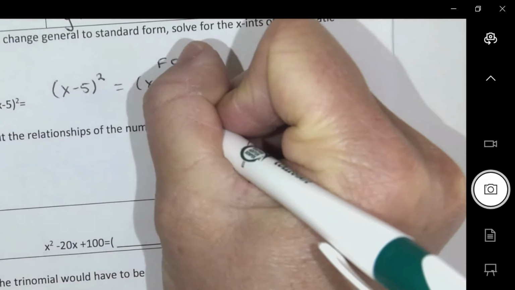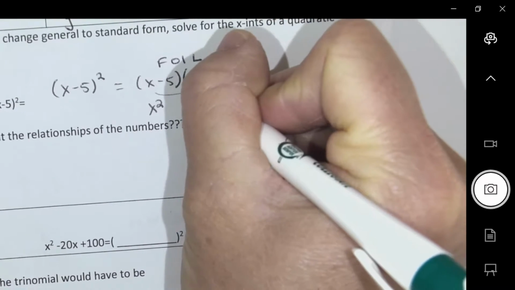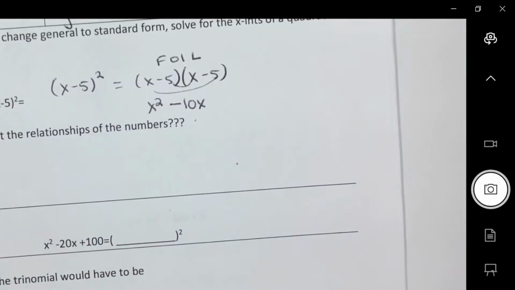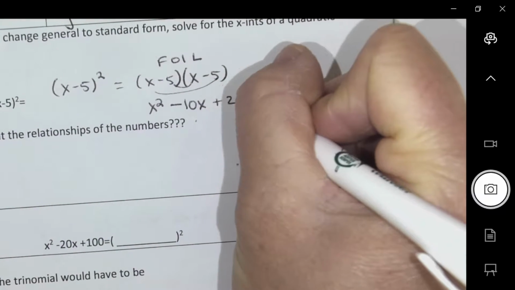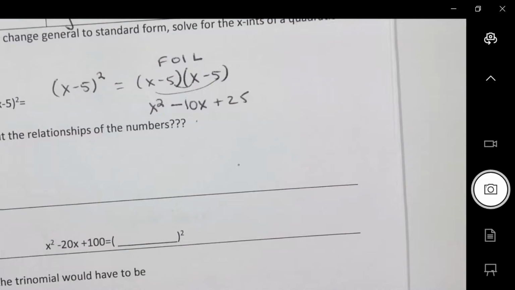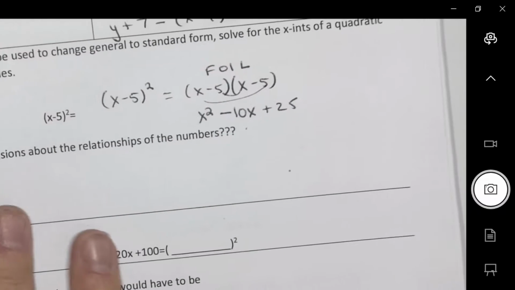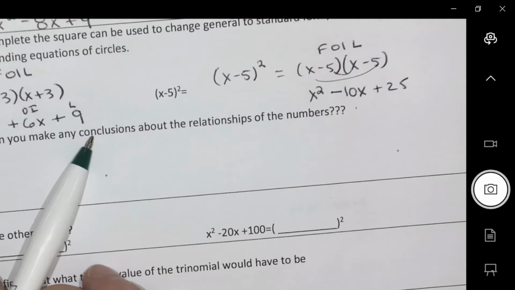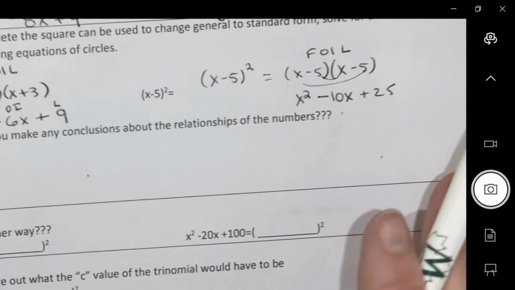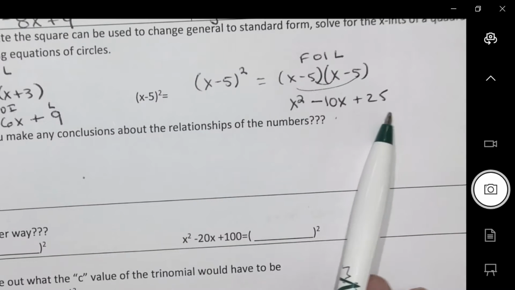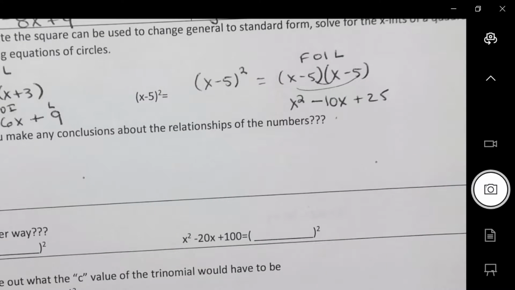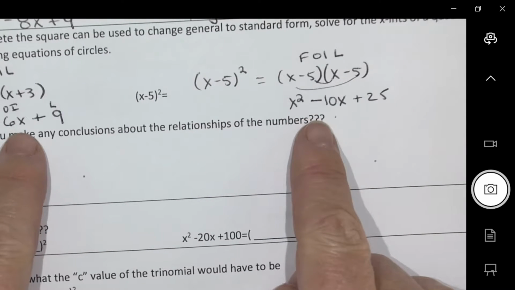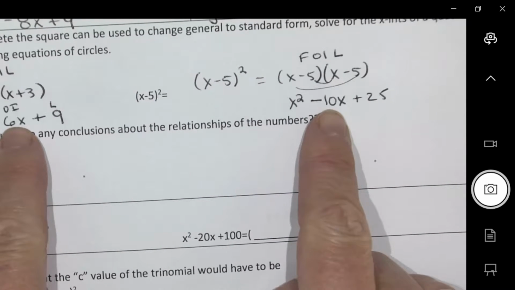Okay, so I'm getting x squared, the minus 5x and the minus 5x, outs and ins, I'm putting together, and then a plus 25. Okay, did it work? There's a connection here. What's going on? The 3 has a relationship between those numbers in the same regards that the minus 5 has a relationship with this. So let's go here. What is the relationship between the number in the bracket and the middle of our trinomial?